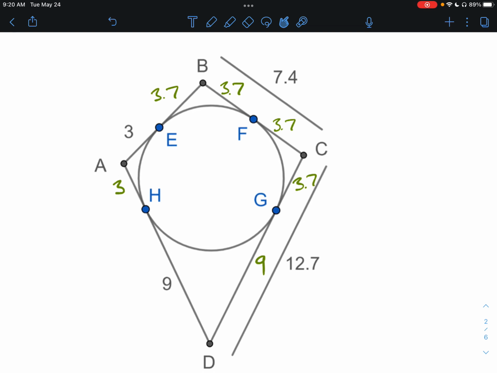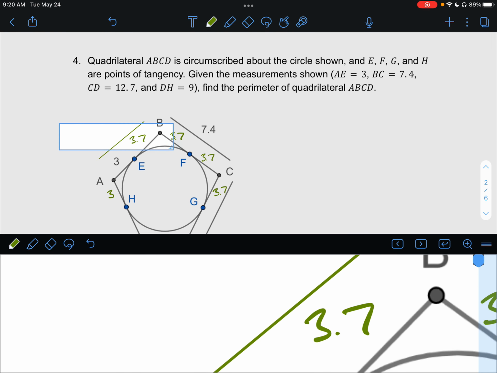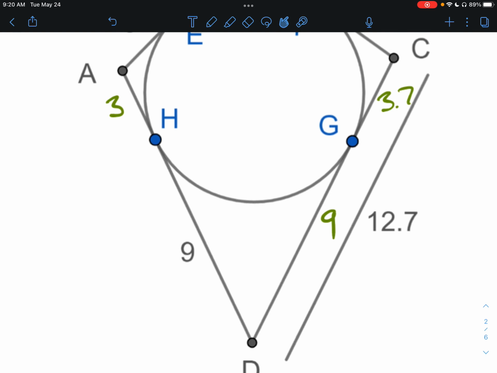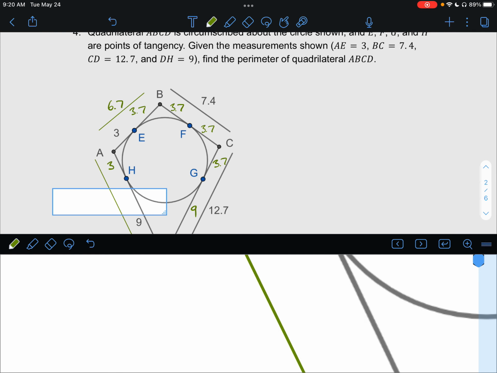To find the perimeter, I already know two sides. I know BC and I know CD. AB is going to be 3.7 plus 3, which is 6.7. And AD is going to be 3 plus 9, which is 12.